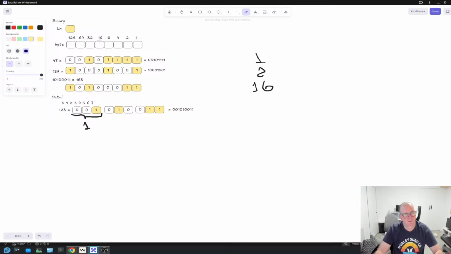And then we skip 32, and you turn on 64, something like this. Now I can sum this: 10, 13, 7, 8, 83. Unless I did some wrong math there, that would be the idea.